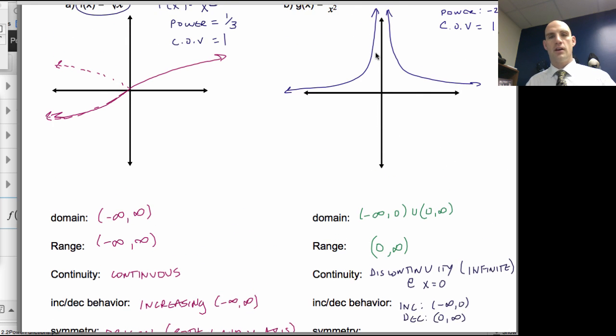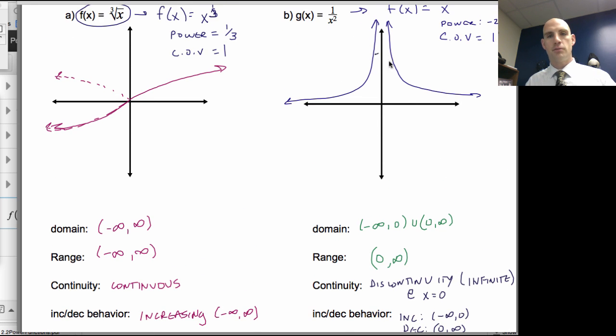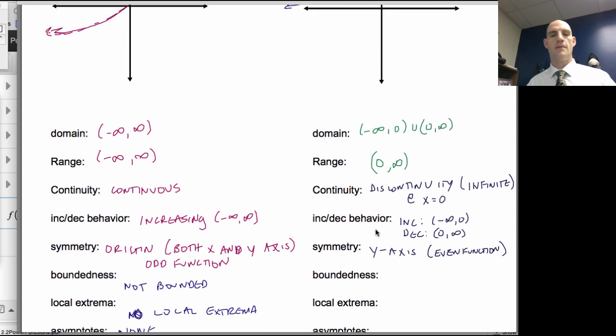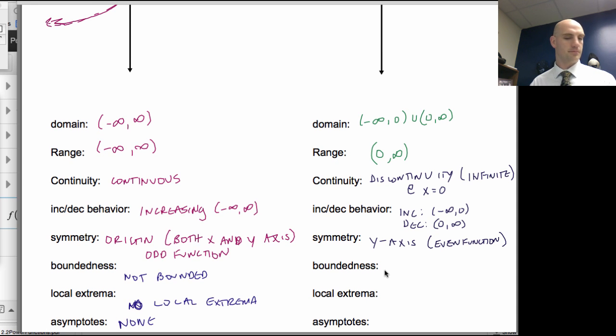Symmetry. All of these points are reflected over the y-axis. So it's y-axis symmetry, which makes it an even function. Okay, boundedness. It is bounded below.